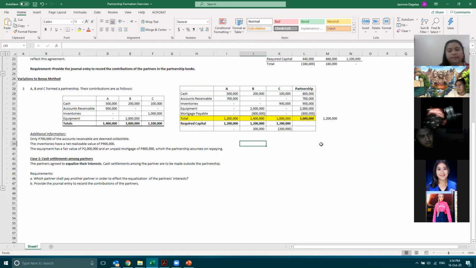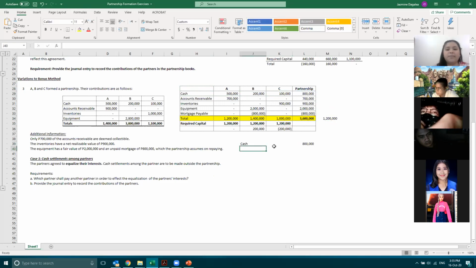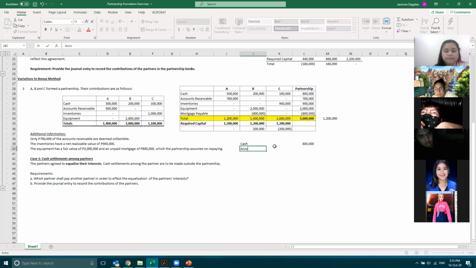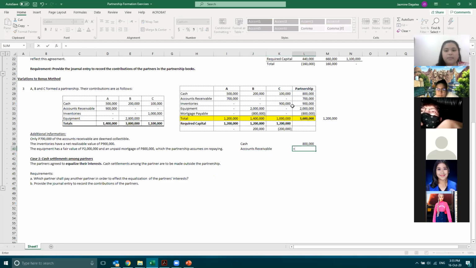Debit? Cash, 800. Ito, dito nyo kukunin ha, dun sa partnership na i-extend column. Ano pa? AR, 700.